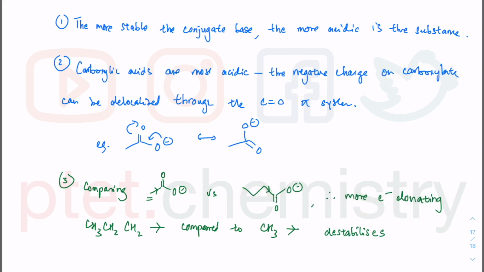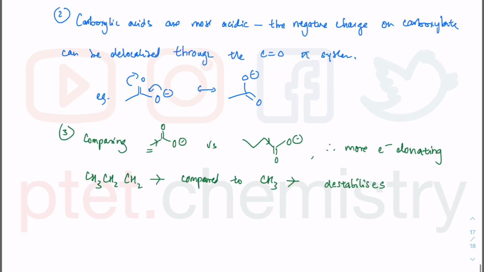Therefore, butanoic acid is a weaker acid than ethanoic acid.